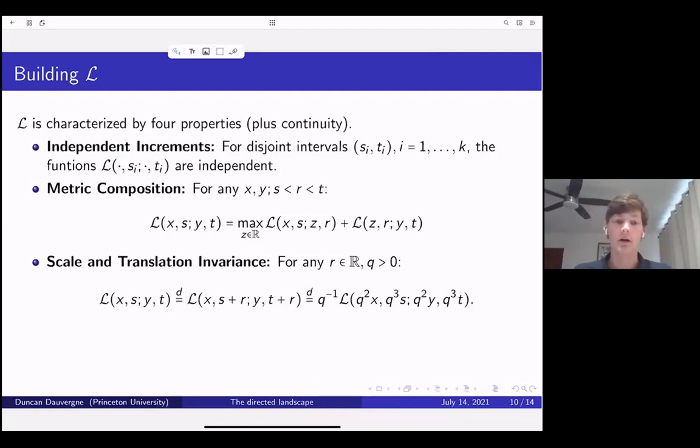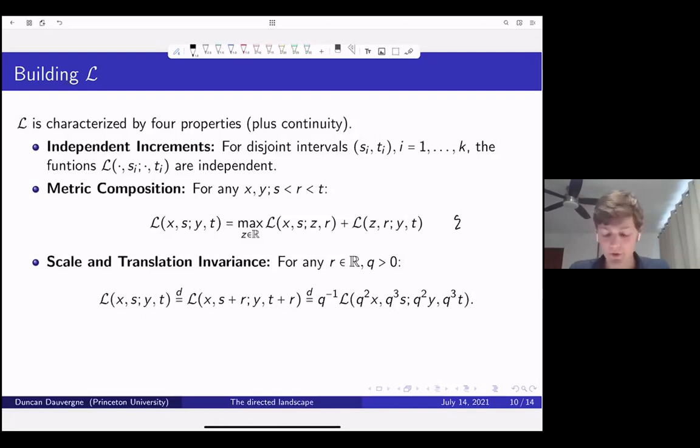The way I think of these is in analogy with Brownian motion. Brownian motion is another independent increment process. It's scale and translation invariant, and its increments satisfy the simple property that the Brownian increment from time s to t is just the increment from time s to r plus the increment from time r to t. So rather than satisfying a metric composition law, it satisfies a simpler addition law.